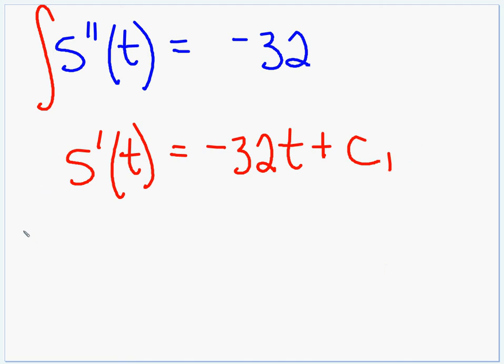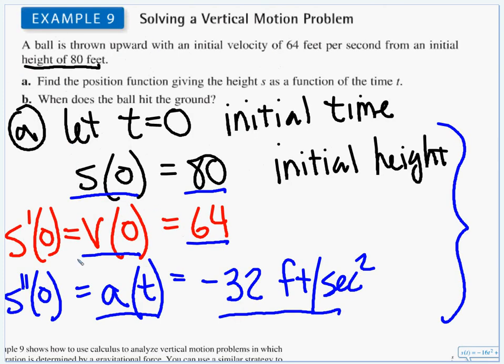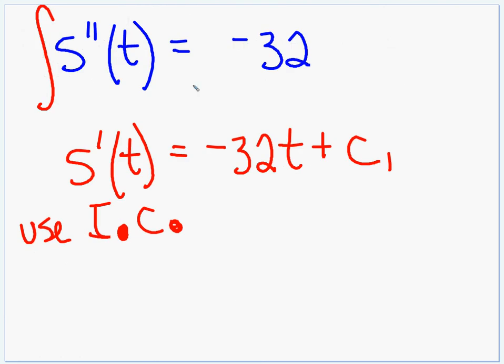So we're going to use one of our initial conditions here. If I back up, the S prime is our 64. So here's our S prime at 0, first derivative S prime. So we're going to put a 0 in for all the t's, and we're going to set it equal to 64.